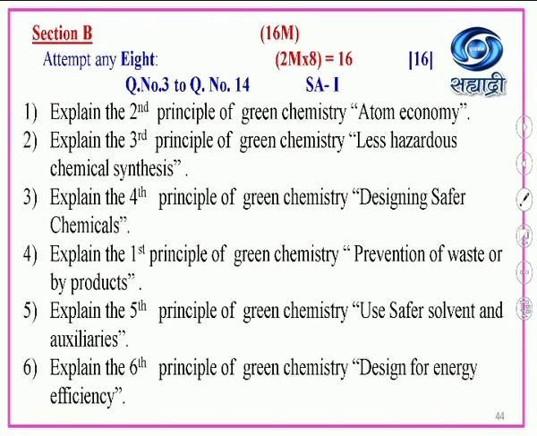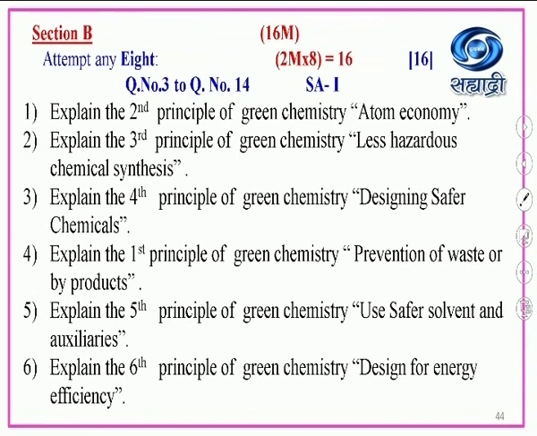Explain the third principle of green chemistry, less hazardous chemical synthesis. Number 3, explain the fourth principle of green chemistry, designing safer chemicals. Then fourth, explain the first principle of green chemistry, prevention of waste or byproducts.